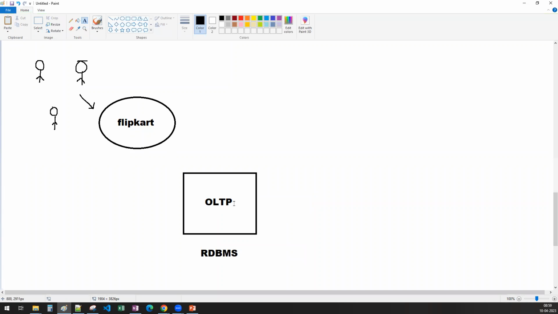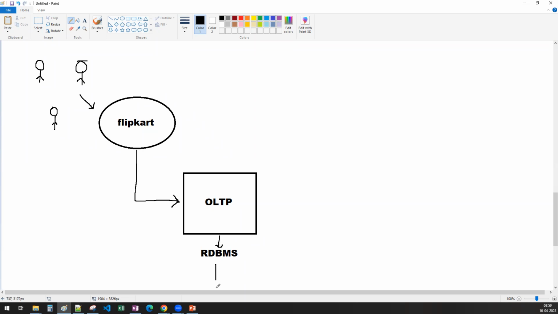So what is the OLTP? OLTP is online transactional processing. The day-to-day activities, the transactions will be stored here. So when someone does an activity on the Flipkart application, that action or that transaction will be stored in the OLTP, nothing but an RDBMS solution.